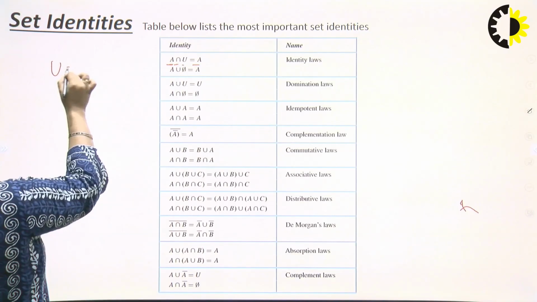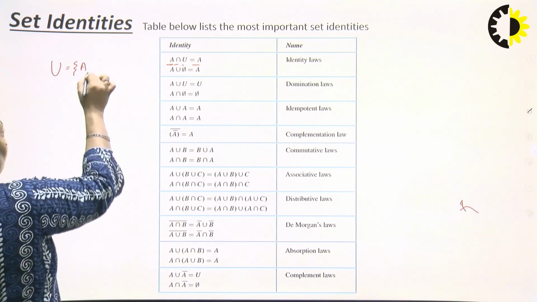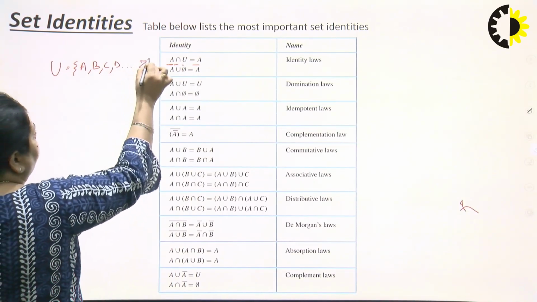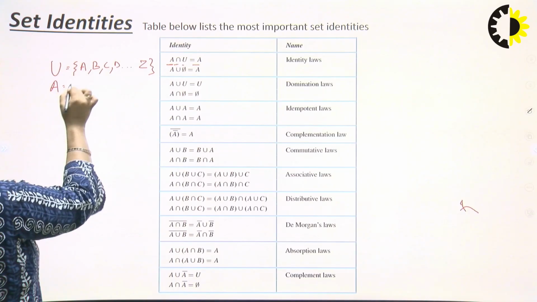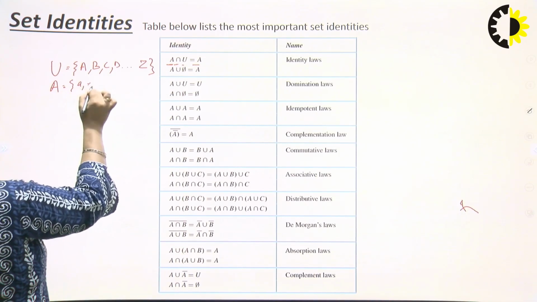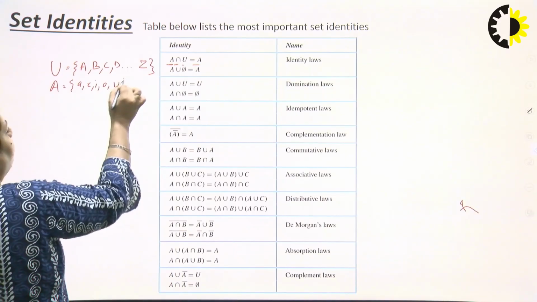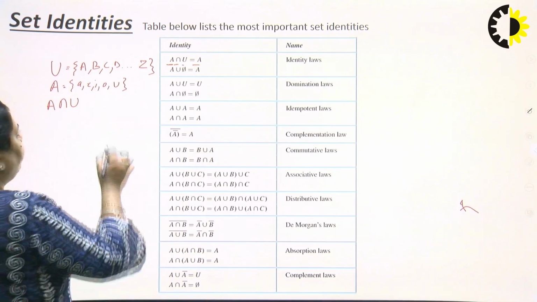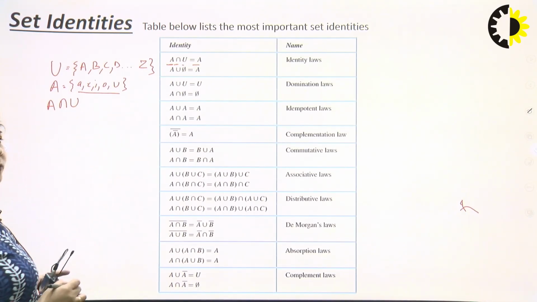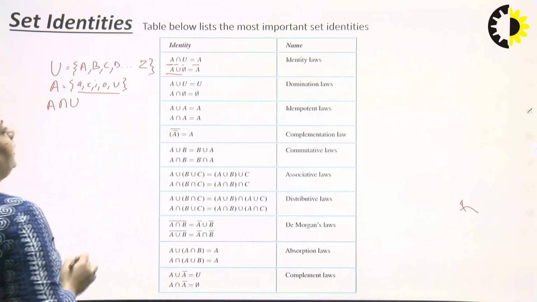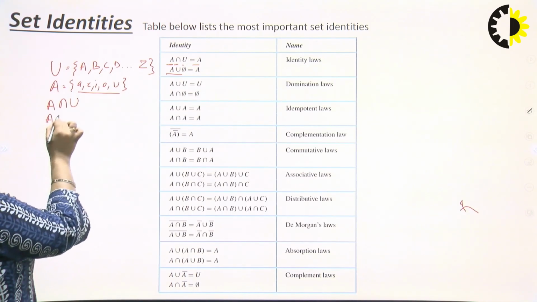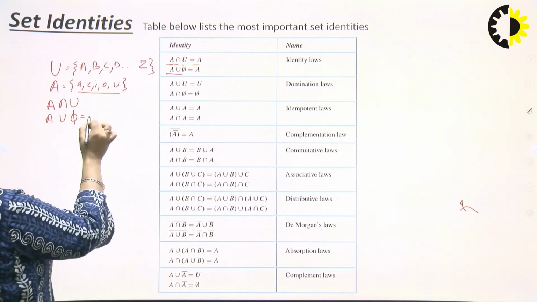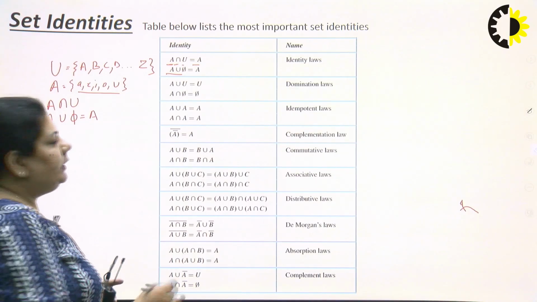For example, the universal set is the set of English alphabets A, B, C, D up to Z, and A is the set of English vowels A, E, I, O, U. When we apply intersection with the universal set, we get the same set A, E, I, O, U. And whenever we apply union of the empty set with the same set A, E, I, O, U, we get A, the same set.